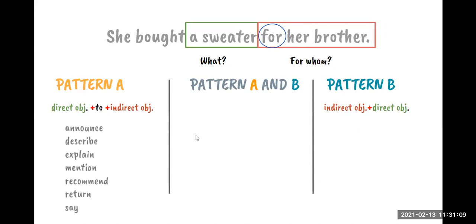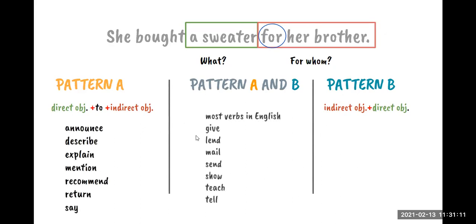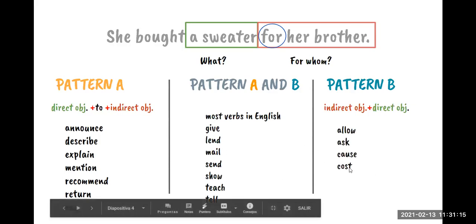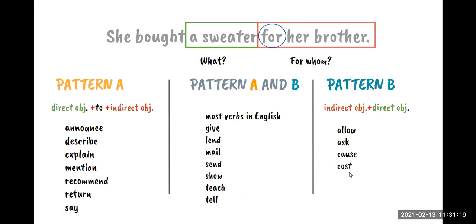So these are the verbs that we can use, the same that you have in your book. And then here we have the others. So I want you to choose one verb from each of the columns, and I want you to write your own sentences, using the patterns that we have here.